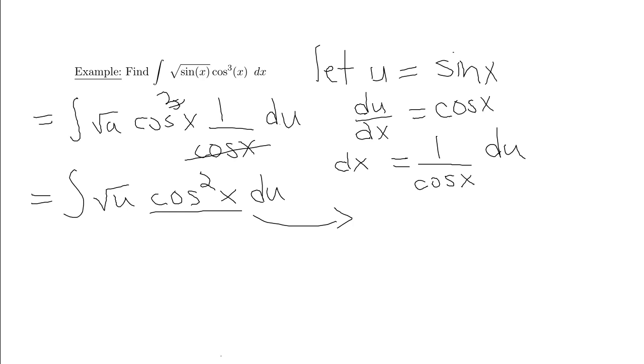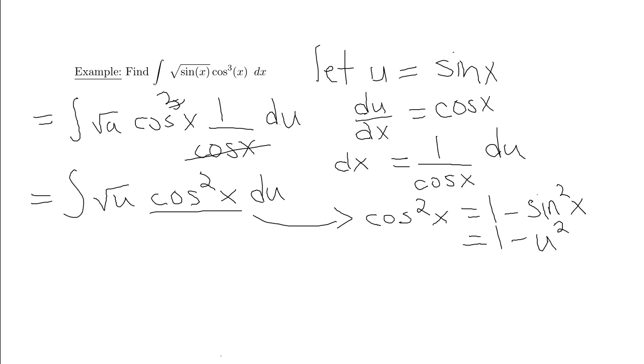So cosine squared of x is equal to 1 minus sine squared of x. So that's sort of the only trig identity that you would be expected to know in this class: sine squared plus cosine squared is equal to 1. But if it's equal to 1 minus sine squared x, we know that a single sine x is u. So this is 1 minus u squared.